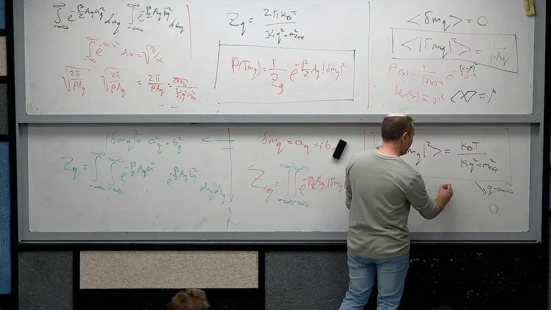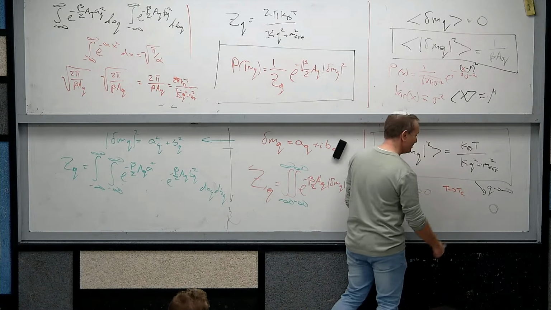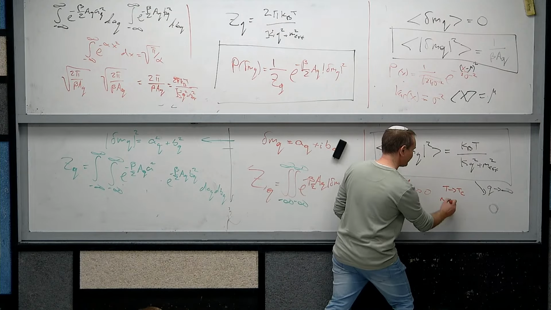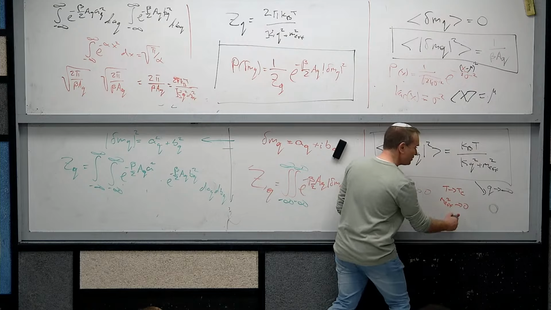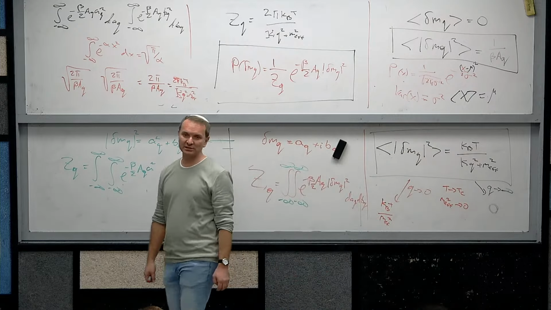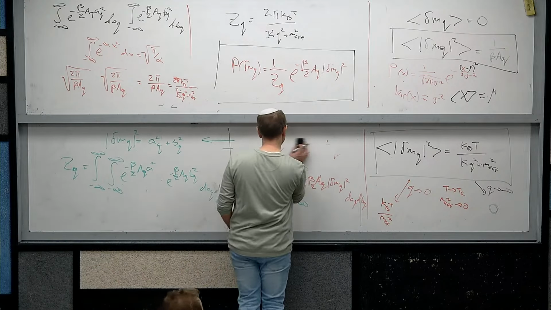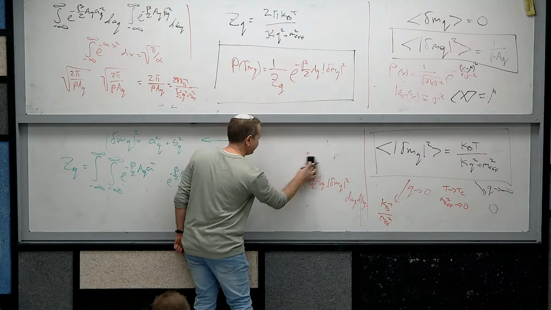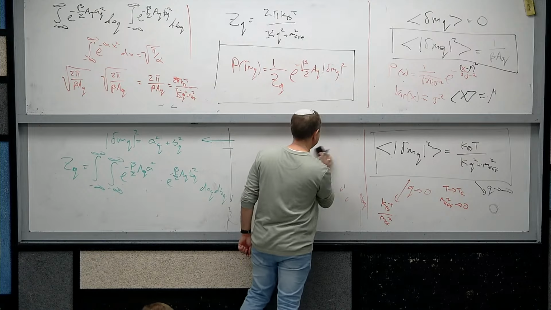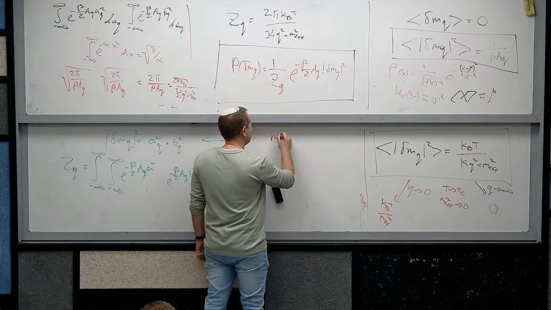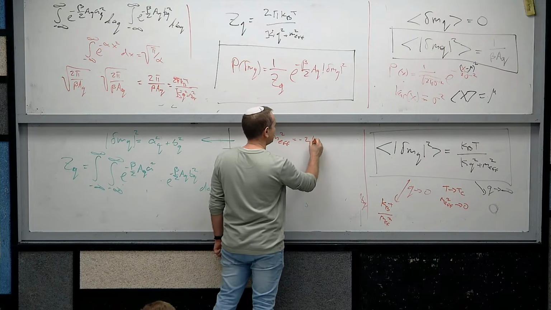When T goes to T_c, m effective squared goes to 0. I remind you, write it down over here, m effective squared is minus 2t.